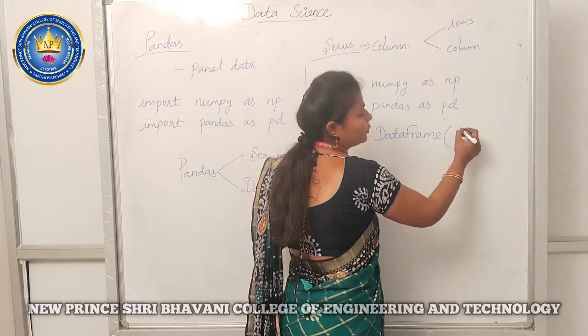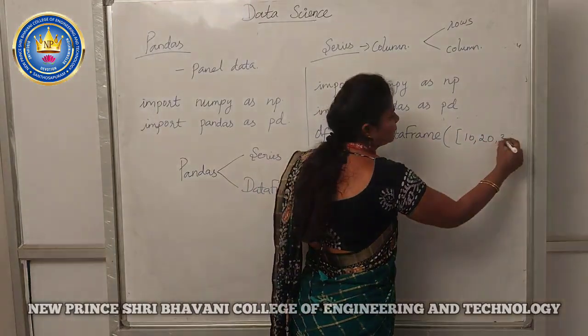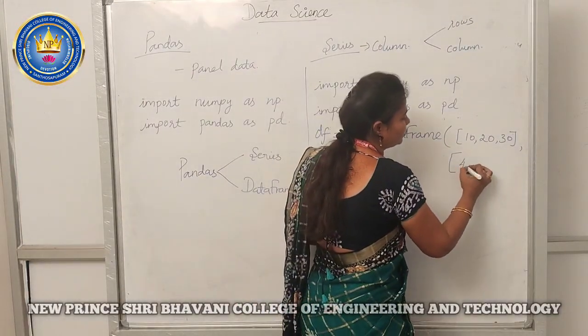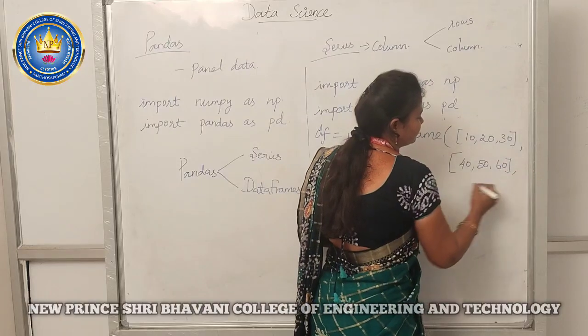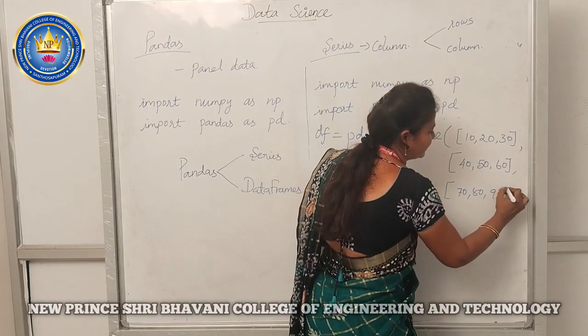What are the values which we are going to insert? 10, 20, 30, comma, another array 50, 60, and then 70, 80 and 90.